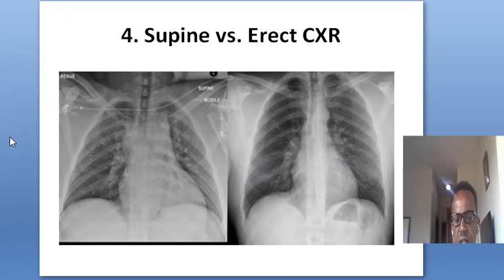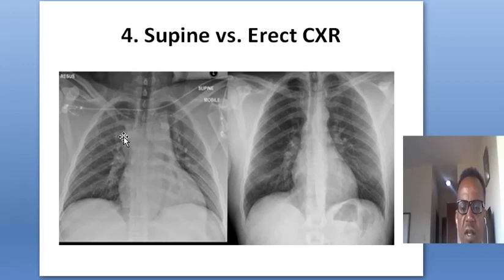The other important parameter you want to know is whether the X-ray is taken in supine or erect position. When you see this X-ray, this is an erect chest X-ray, and this is supine, making the mediastinum look so wide. You can't comment on the mediastinum on a chest X-ray taken in supine position because normally the mediastinum becomes widened and seems significantly widened.